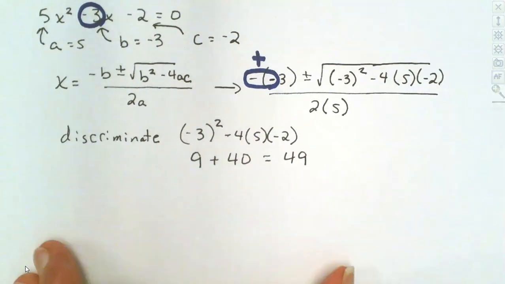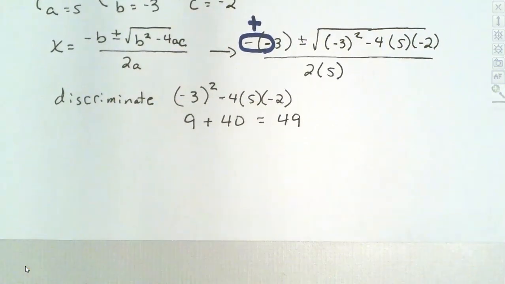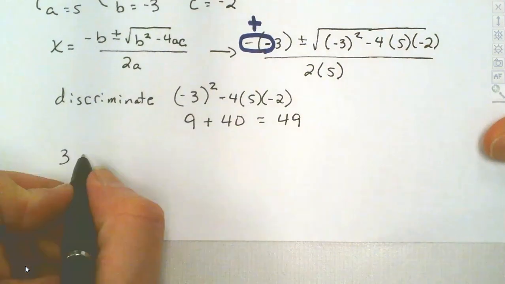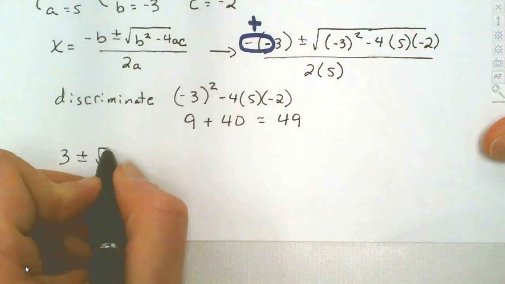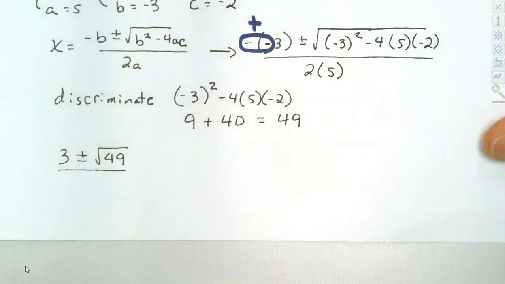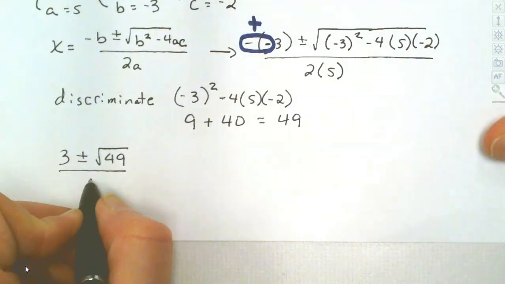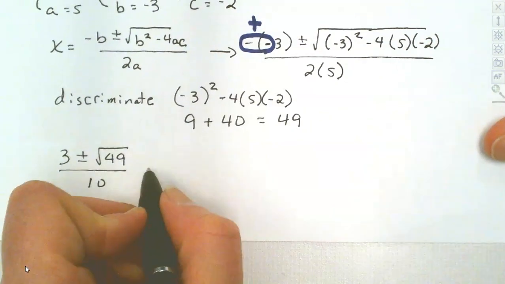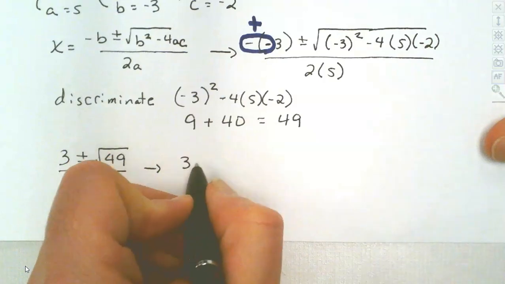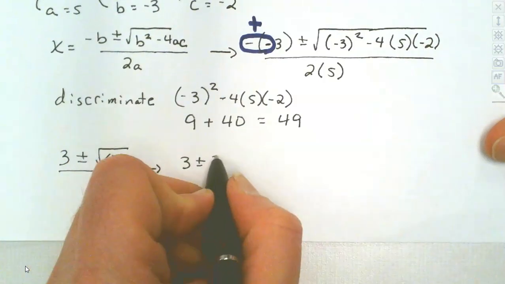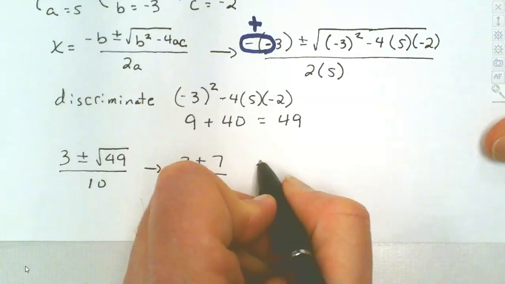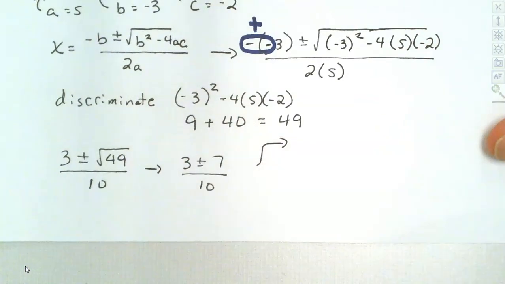And we're almost finished here. So what do we have left when we rewrite? We have a 3 plus or minus the square root of 49 over, it looks like 5 times 2 is 10. And we know that that 49 is a perfect square of 7. So that is then 3 plus or minus 7 over 10. And break it up to get your two solutions.